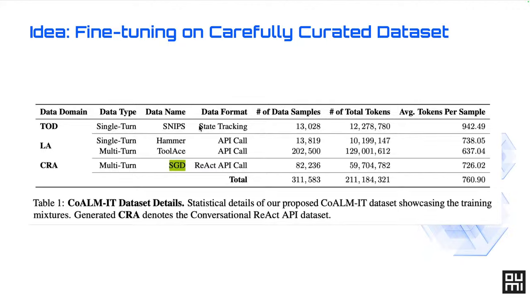One is just for state tracking in a multi-turn dialogue. Another one is specifically for tool usage. And then this third one combines both of them, so React API calling. And then you can see the breakdown of how many tokens you have. This data set is also balanced in terms of data proportion between the three tasks.